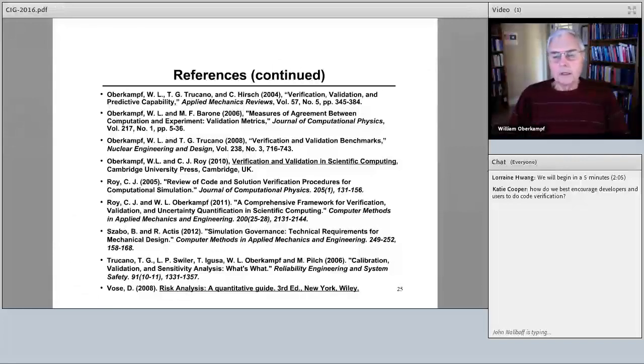We have to realize that all of our simulation results are built on the quality of the coding, the numerical algorithms, and the testing of this software.